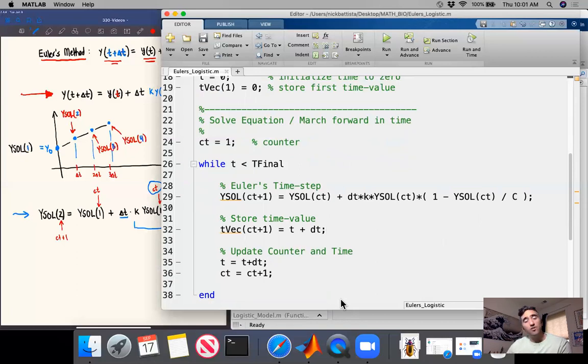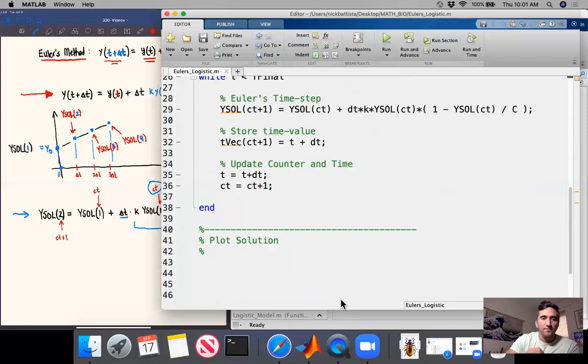This is basically just turning into a counting problem. We want to have the same amount of time saved as we have solution points. So now we have our solution in two vectors. We have the time vector, and we have the associated solution at all of those times stored in the time vector. So let's go ahead and try to plot this.